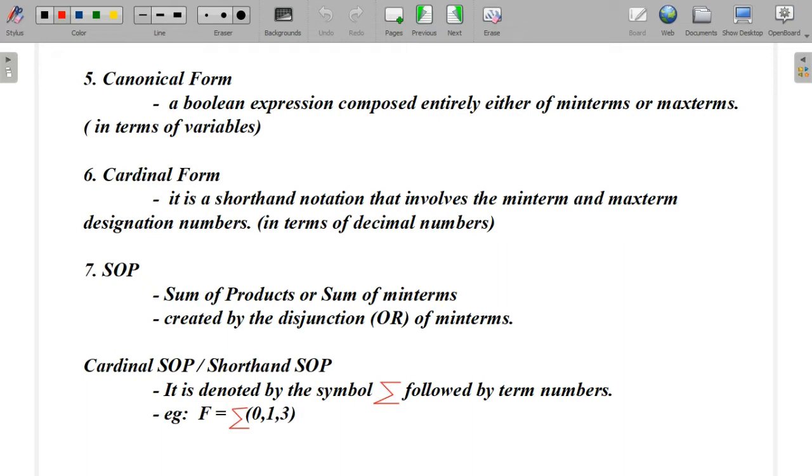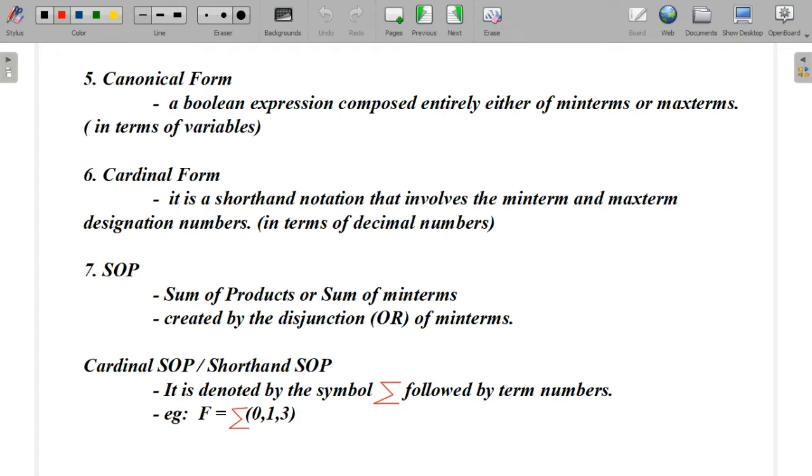Next one is SOP, sum of products, or it is known as sum of minterms. We already discussed that minterms means the product of all the literals. So sum of products is the sum of minterms. Sum of products is created by the disjunction of minterms, that is, we are using the OR operation here.